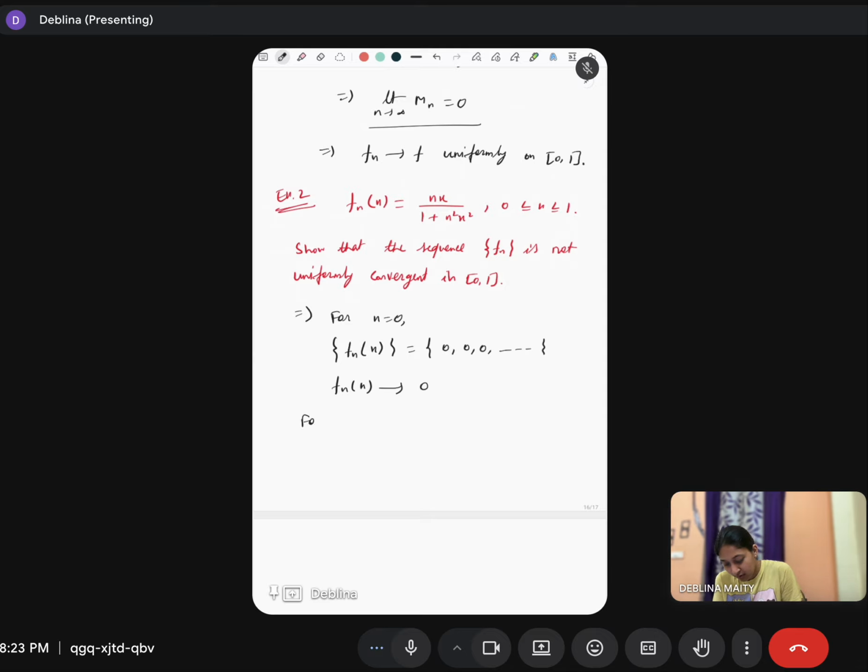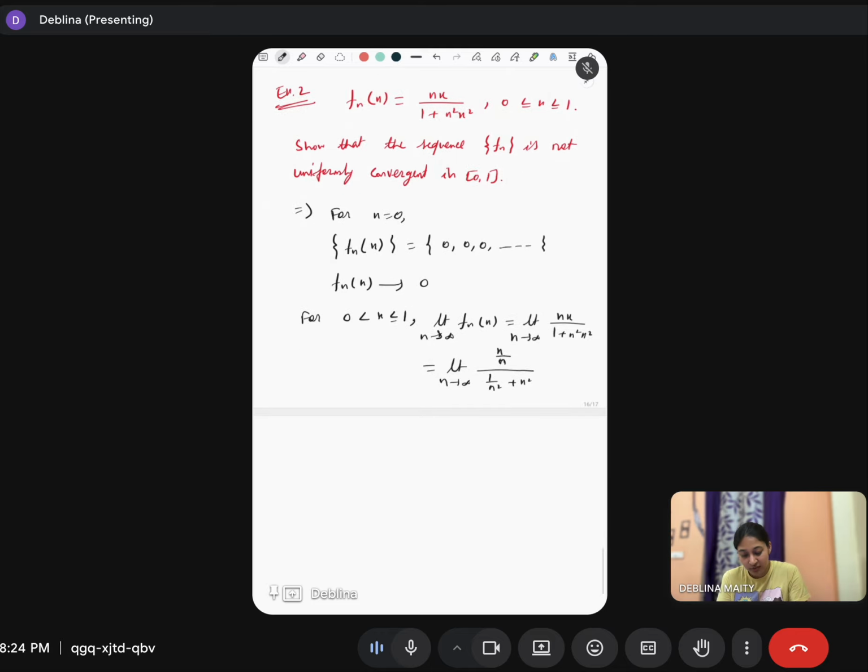Now for 0 strictly less than x less than or equal to 1, limit n tends to infinity, fn(x) equals limit n tends to infinity of nx by 1 plus n square x square, which is equal to x by n, 1 by n square plus x square, right?